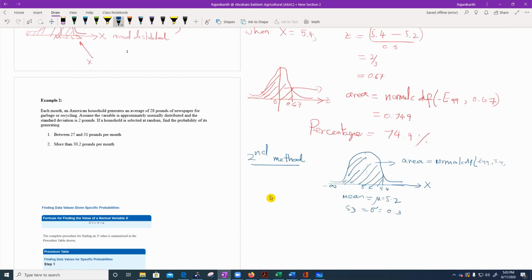Therefore, you need to type these two values after putting the bounds. So that is 5.2 mean and 0.3 standard deviation. So this is the mu value and this is the standard deviation.